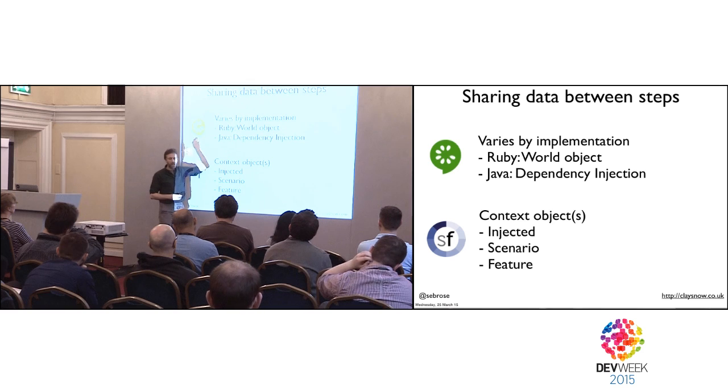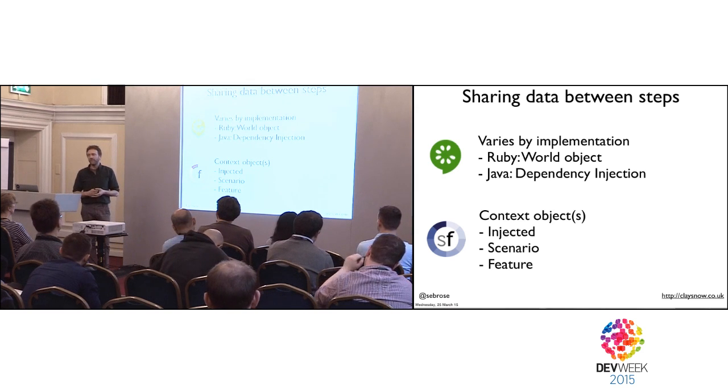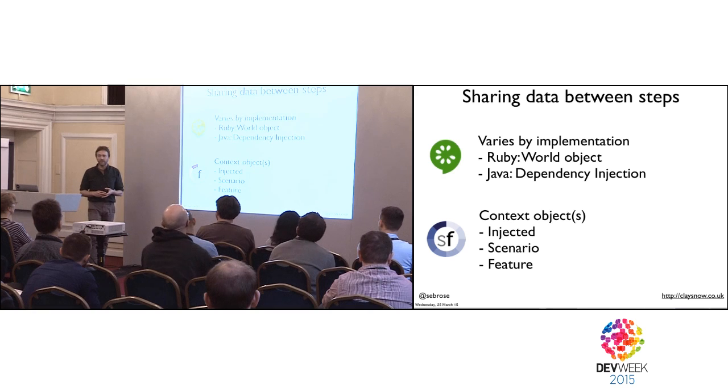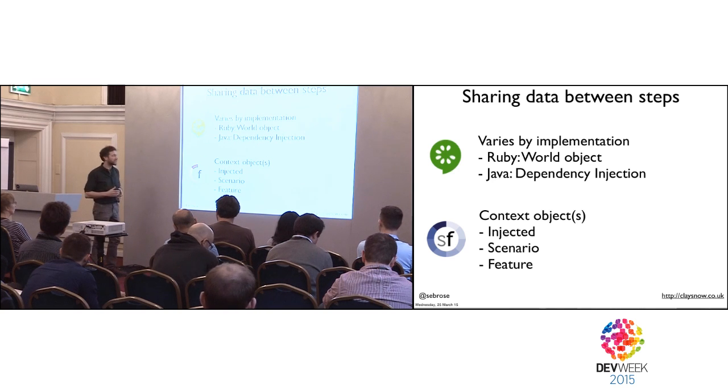In Java, we use dependency injection, and there are bindings to 4 or 5 of the most popular dependency injection frameworks, and it allows us, again, to manage things so that at the beginning of each scenario, we start off with a fresh context, so there's no leakage between our different scenarios or different examples.